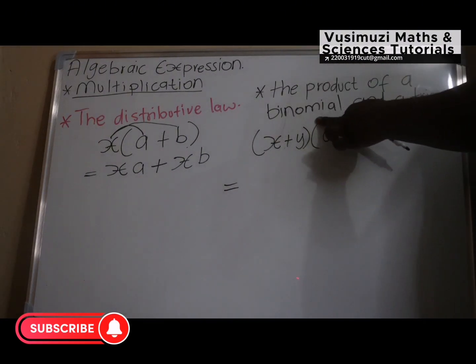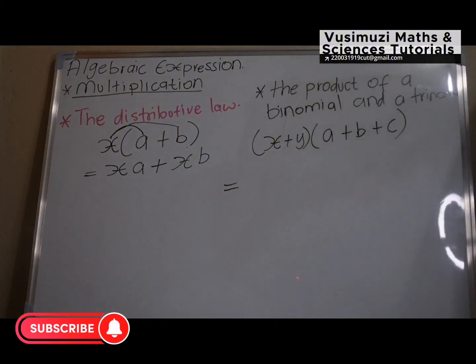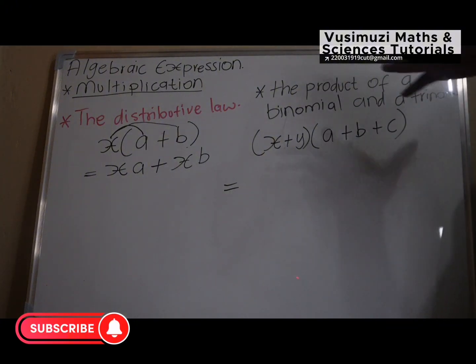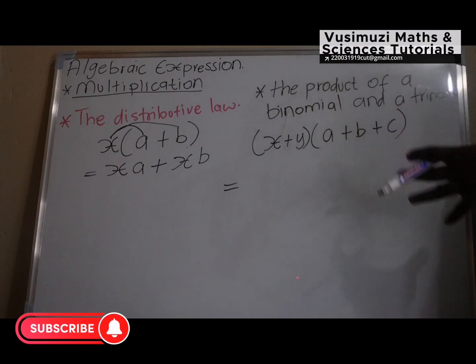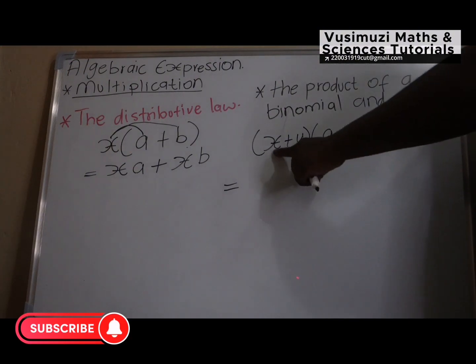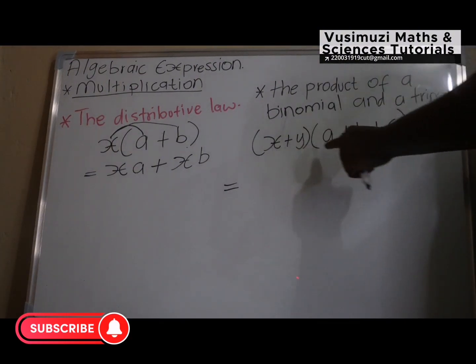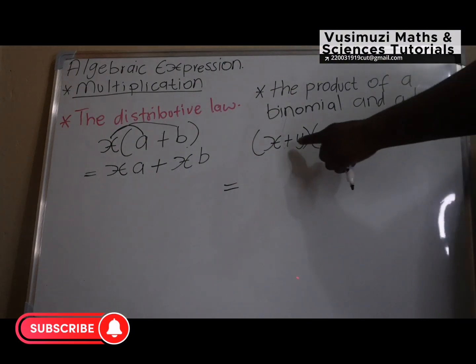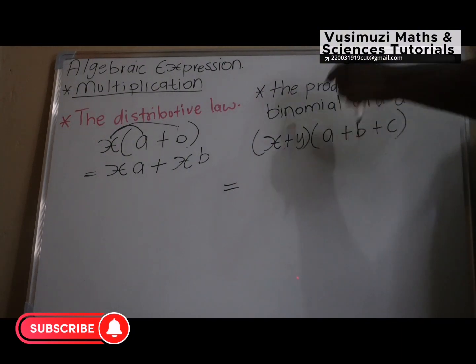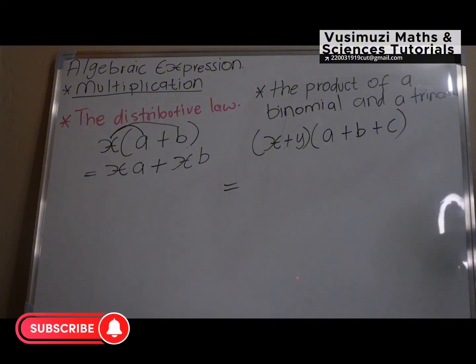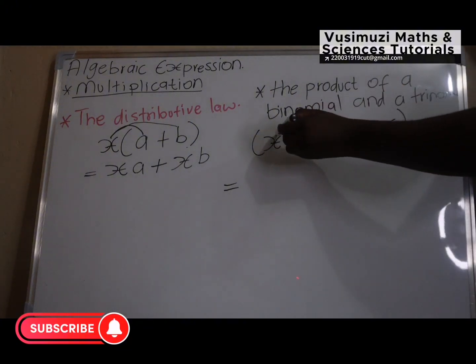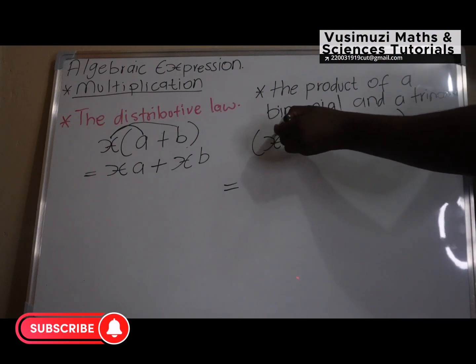In our second example, you're going to do exactly the very same thing. x and y. x is going to multiply each and every term inside this bracket, and y is going to multiply each and every term in the other bracket. x is going to multiply a, x is going to multiply b, x is going to multiply c.